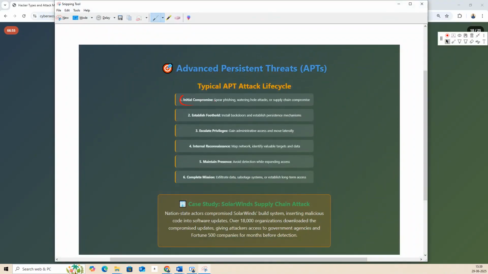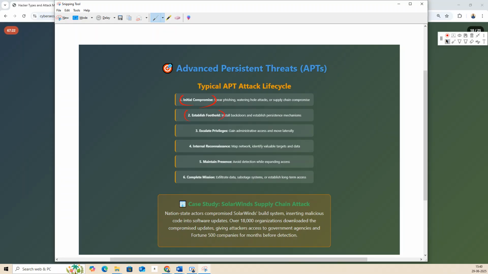The first step is initial compromise. This often begins with spear phishing emails targeted at specific individuals, but APTs also use watering hole attacks, compromising websites that their targets frequently visit, or supply chain compromises, infiltrating software or hardware before it reaches the target organization.